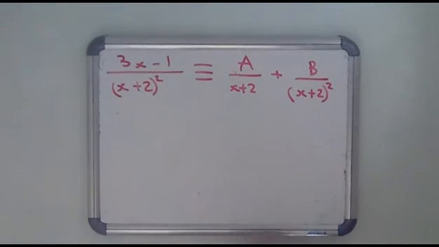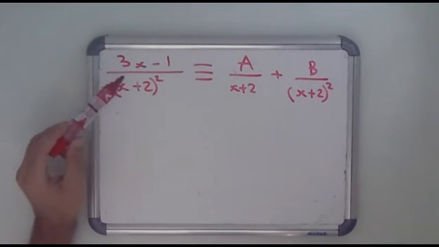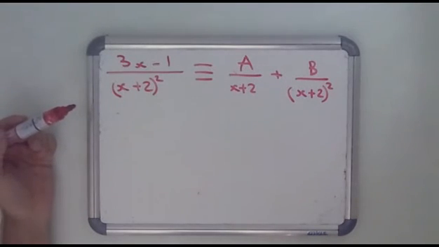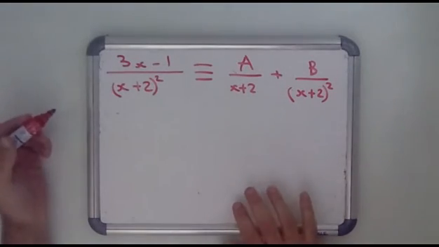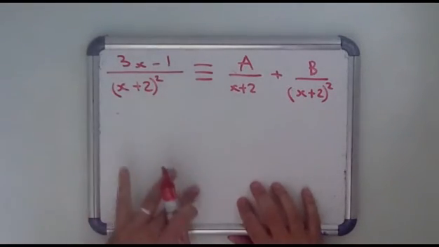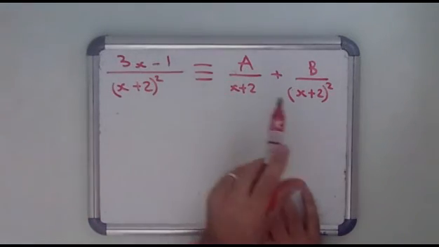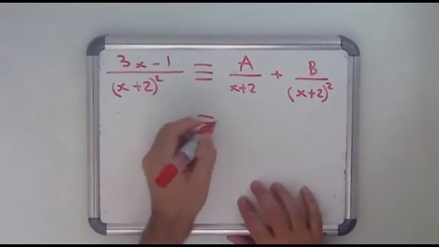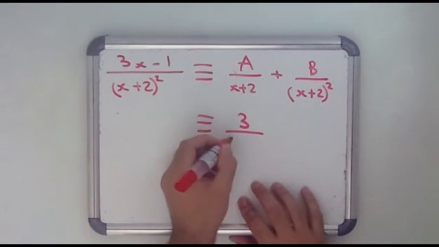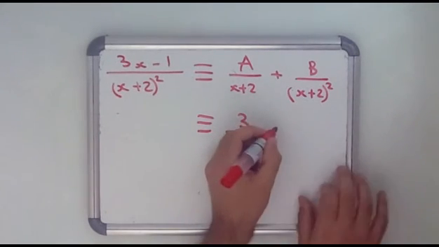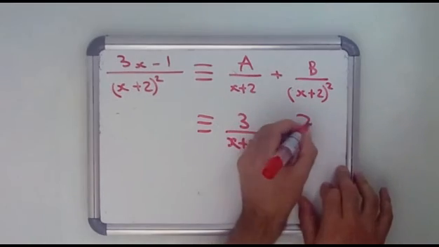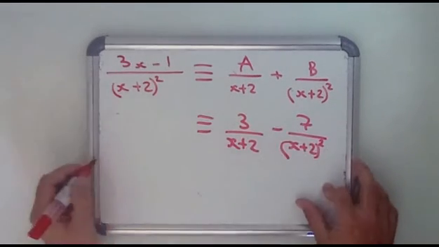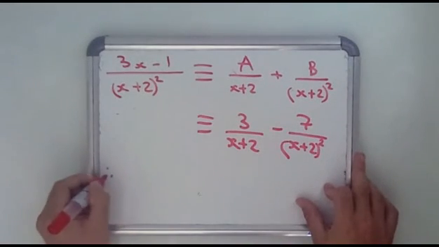If we go back to our original identity, (3x - 1)/(x + 2)² equals A/(x + 2) + B/(x + 2)². Then we can substitute now our values of A and B. So A is 3 and B is -7. So 3/(x + 2) - 7/(x + 2)².